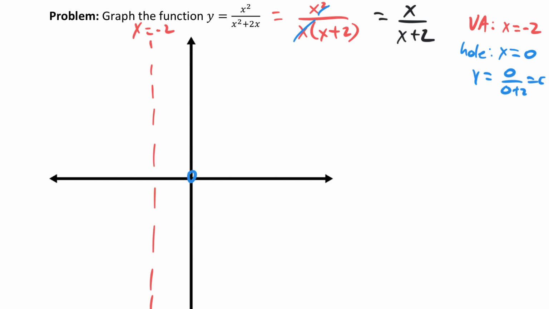There's our hole. We're going to have a horizontal asymptote because if you look, the degree of the numerator is 2, the degree of the denominator is 2, so it's balanced, and that means we take the leading coefficient of 1 over 1. So the horizontal asymptote is at y equals 1.